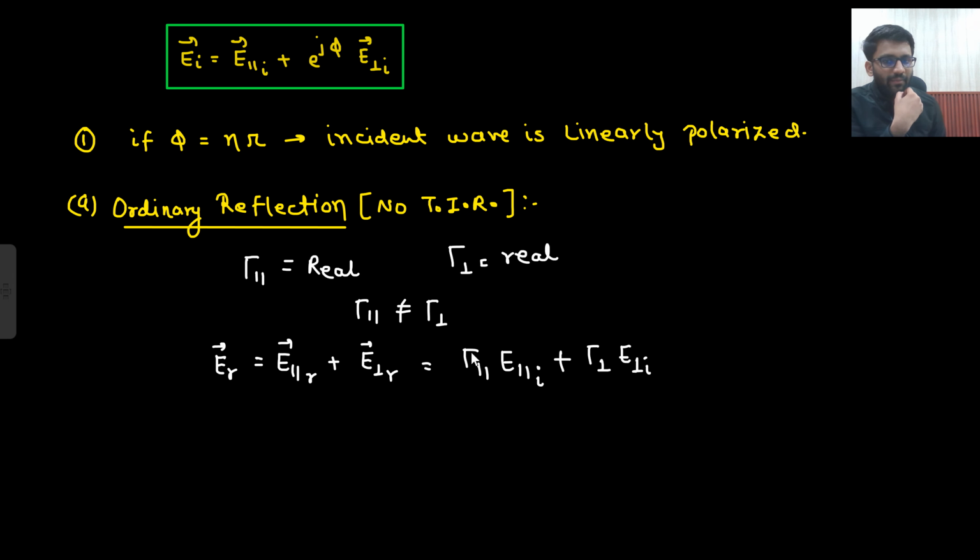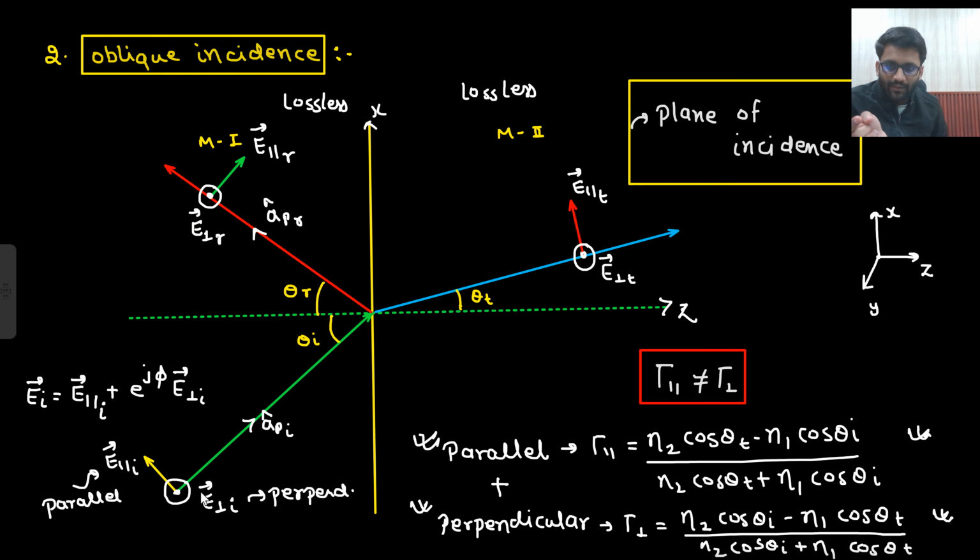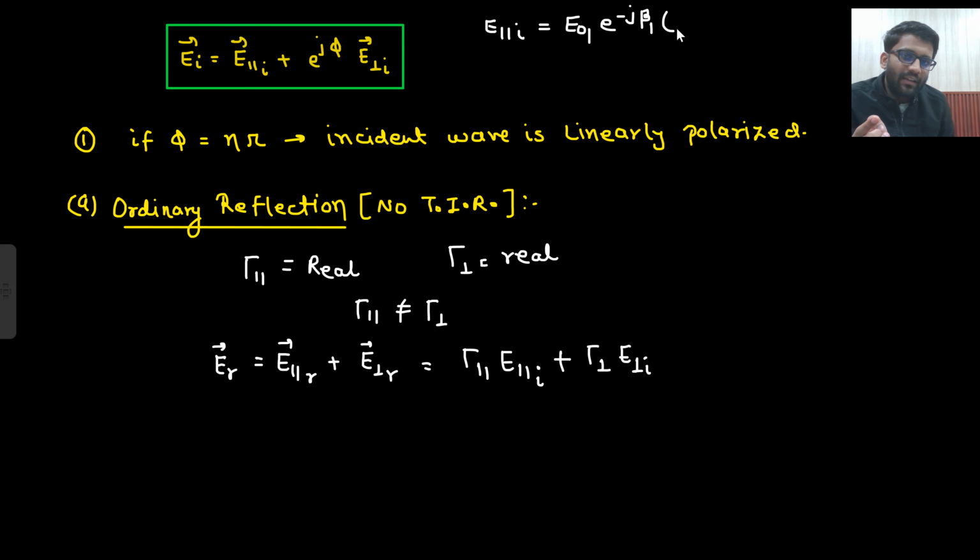Now this is a real quantity, but these two are different. This one and this one are different, but they are not making any phase difference. What I mean to say is, let's write down my parallel field component. It has some magnitude E01 e to the power where my wave is propagating. My wave is propagating in plus z and plus x, so something would come here that I don't want to write, and something would come here.